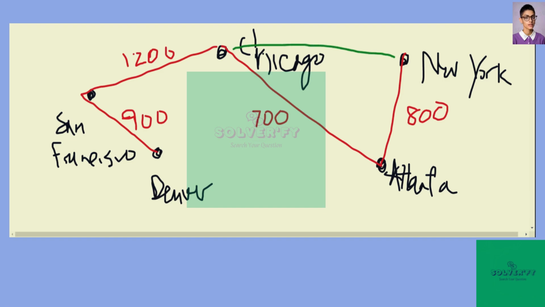Now, in order to determine the second least expensive communication network, let's look at some of the options we have from the original graph.